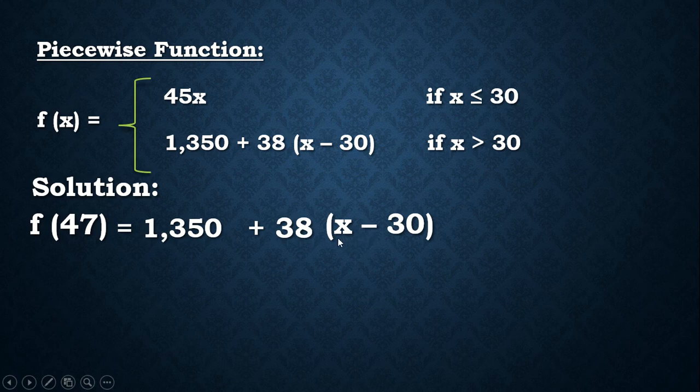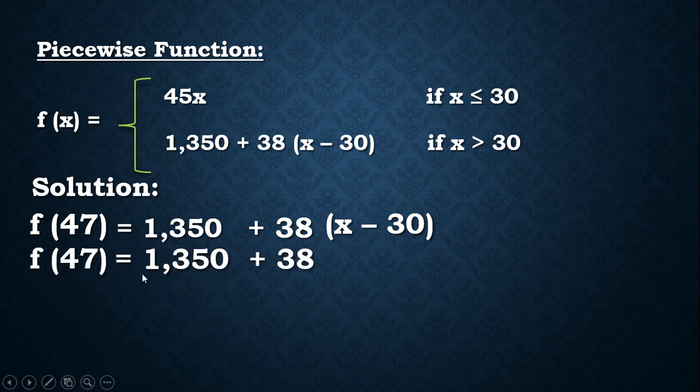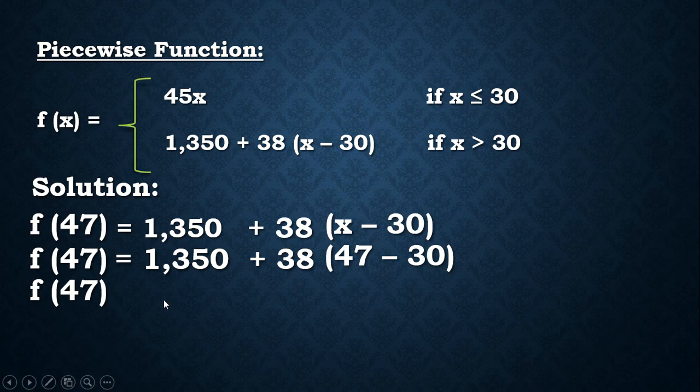And then we have the number X here, which is 47, subtracted by 30, which is the basic number of face shields before you will enjoy the discount. And then f of 47 is equal to 1,350 plus 38 pesos multiplied by, we substitute 47 for X, 47 minus 30.